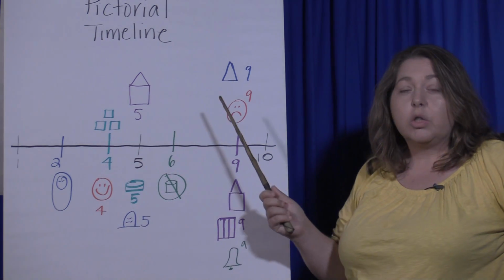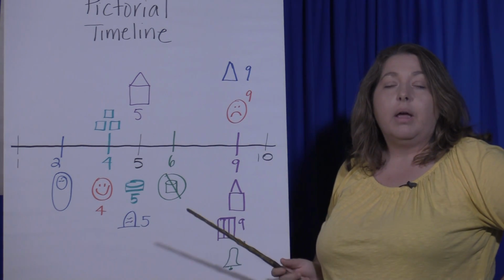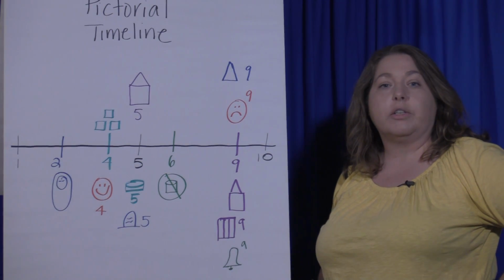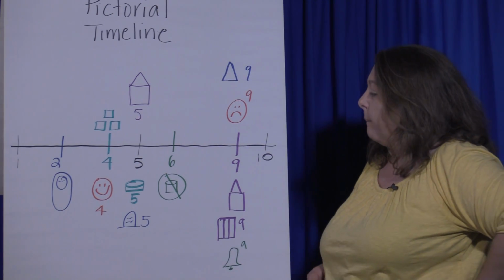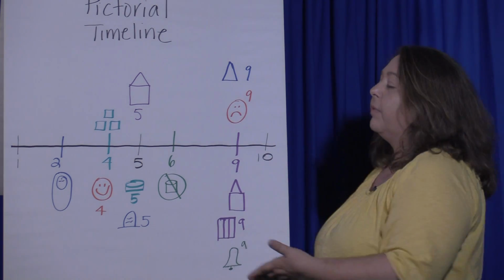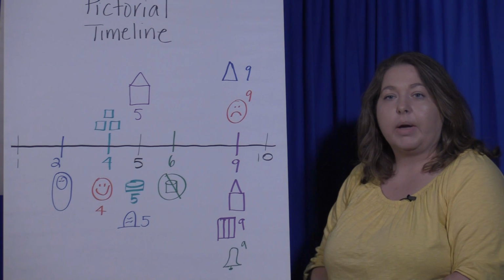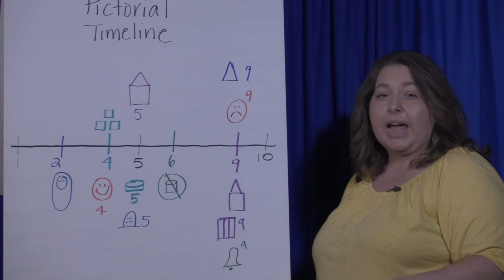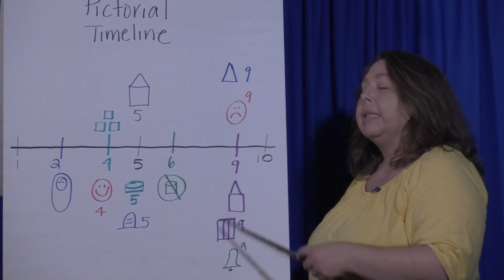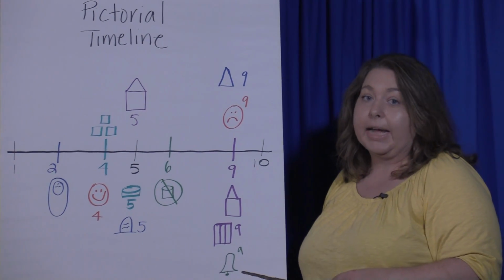So again, we're going to include all these symbols for you on a separate slide at the end of the video, so you'll have that information to do this yourself. But once it's all done, you can see that it represents visually for you what's going on with this child, and they get to have that insight as well. So for this particular child, you can see a lot was happening at age 9.